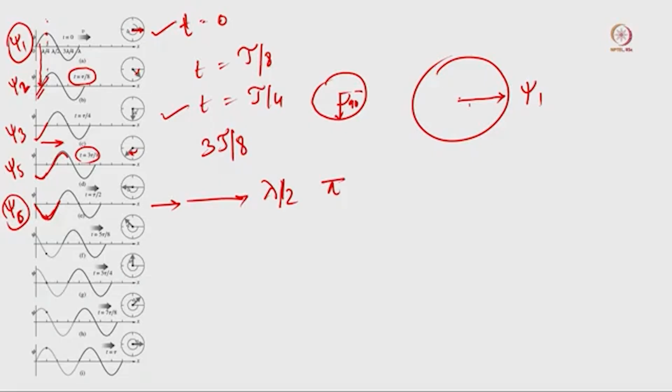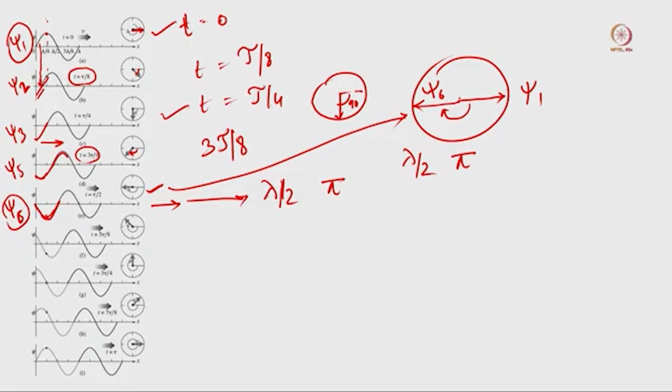So you can see the wave is moving in the completely opposite direction, and that is represented in this diagram. Here, this one is wave 1 and this one is wave 6, which has a lambda by 2 path length difference and is completely opposite, so there will be a pi phase difference between these two waves.